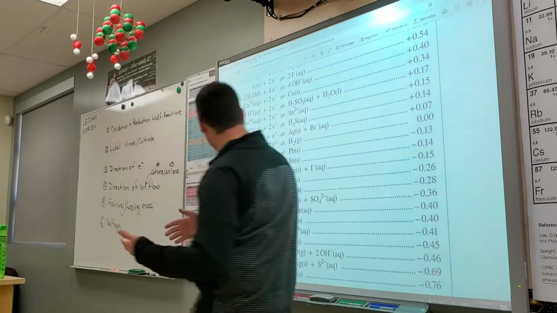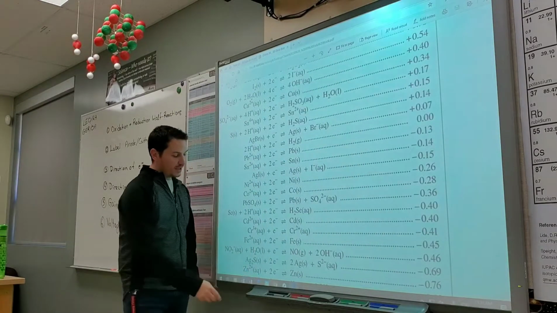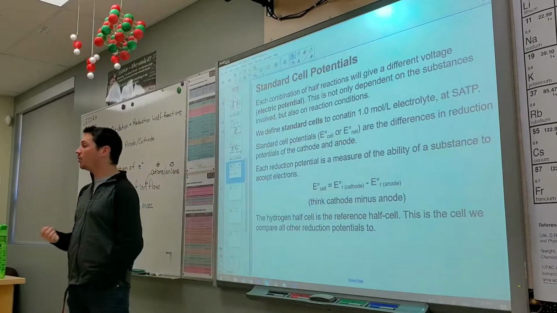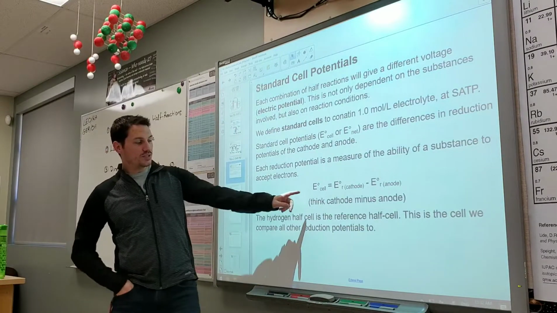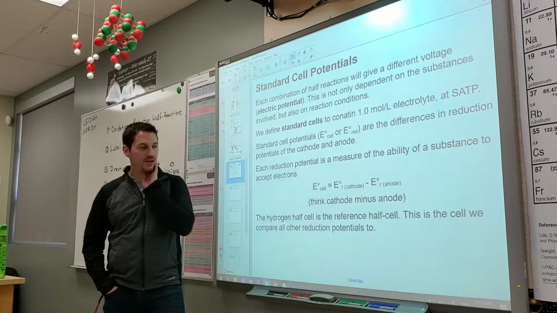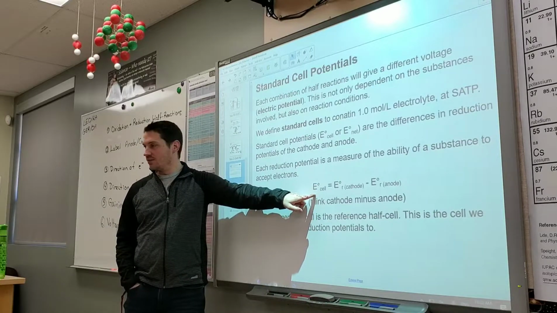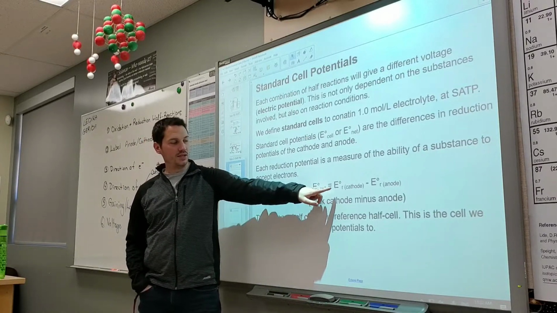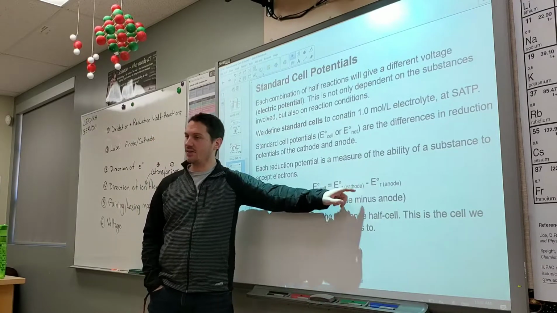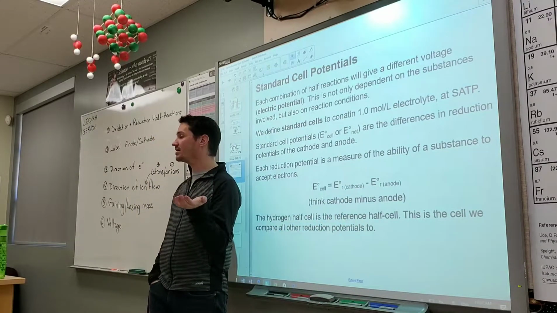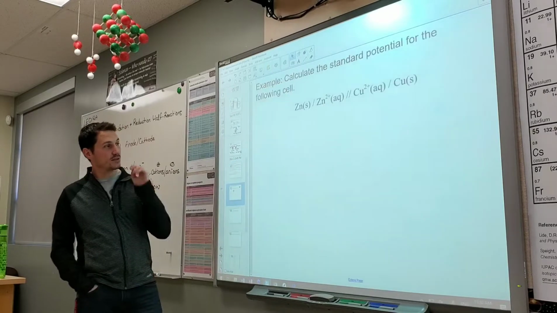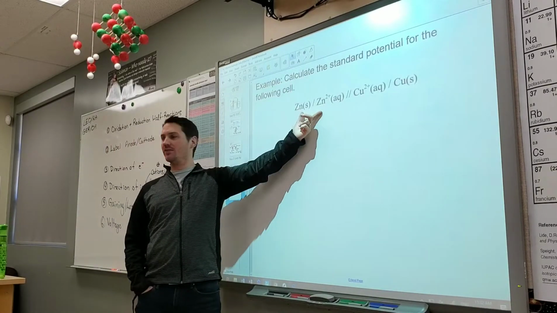Now, in practice, what that means is you can predict the voltage of any battery by using a really simple equation. The standard electrical potential energy of the cell is going to be the electrical potential energy of the cathode minus the anode. Just think cathode minus anode. So what half reaction do we have going on here?